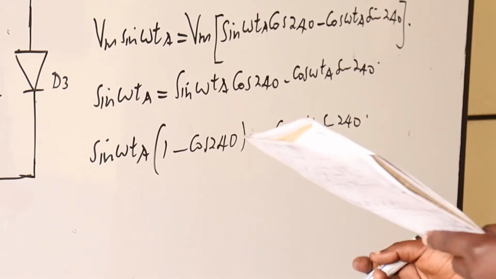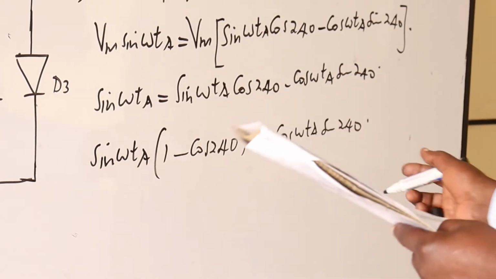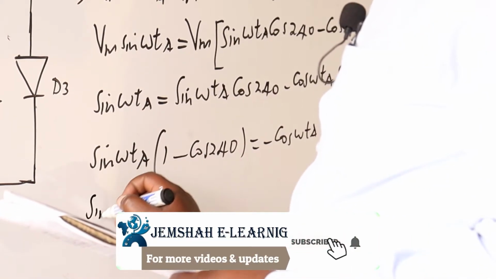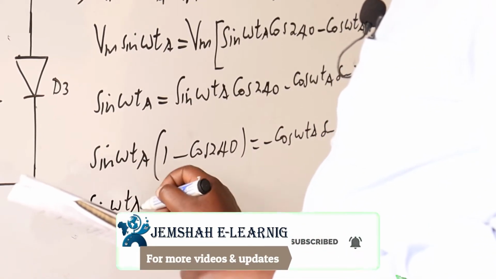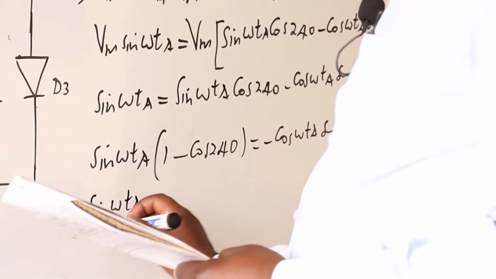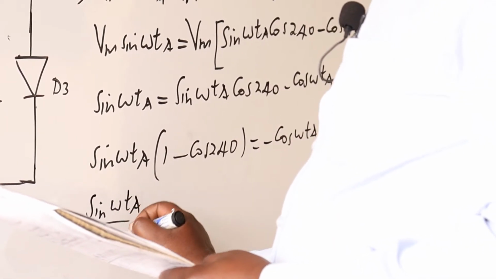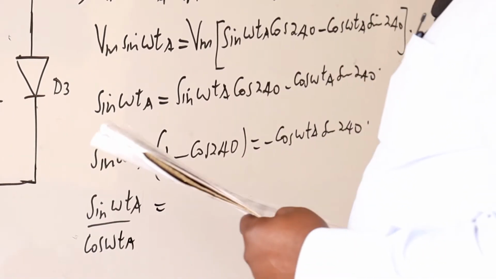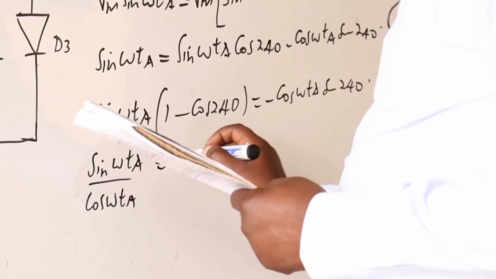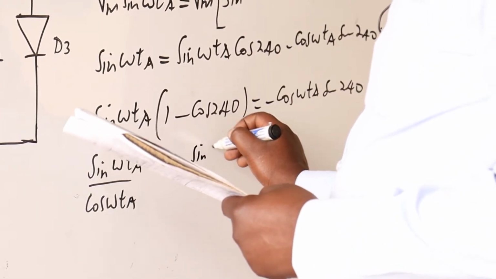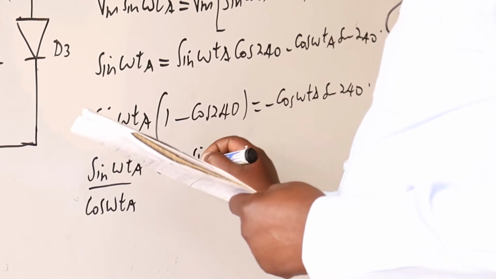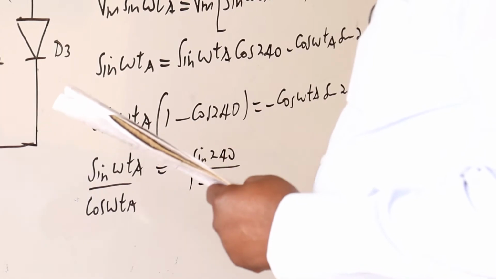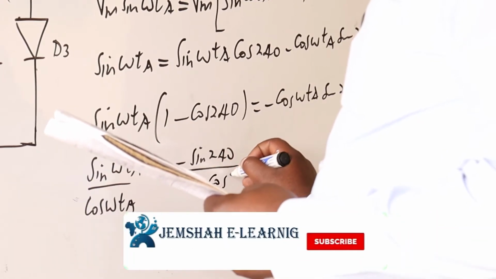So divide both sides by cos, we shall get tan, so we shall have sine omega t at A over cos omega t at A will give us minus sine 240 all over 1 minus cos 240.